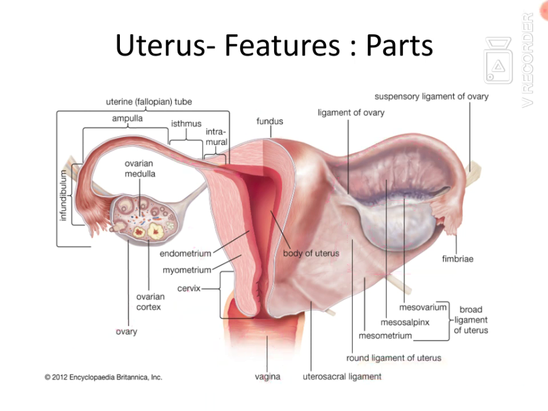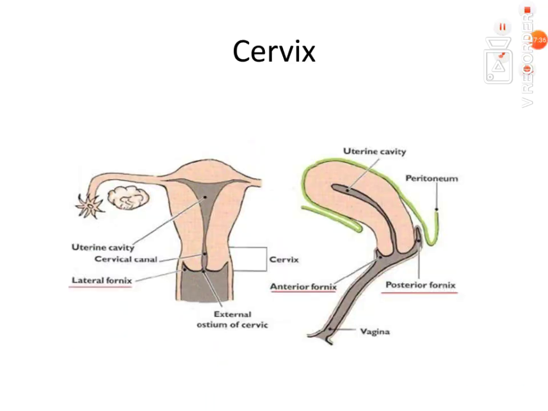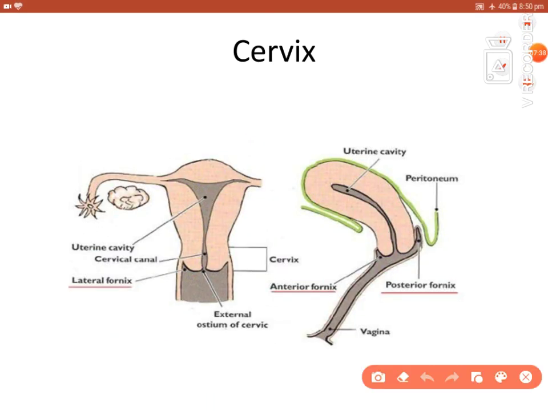Then in this figure, the first one is the coronal view and the second one is the sagittal view. Here you can see the fundus, the body, the cervix, the vagina, the uterine cavity, the internal os, and the external os.